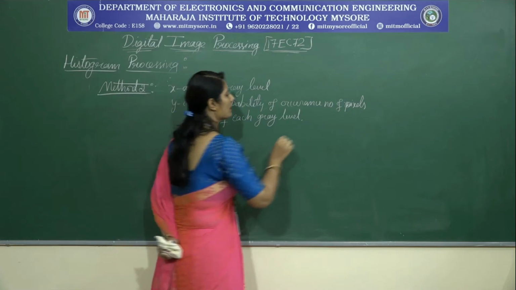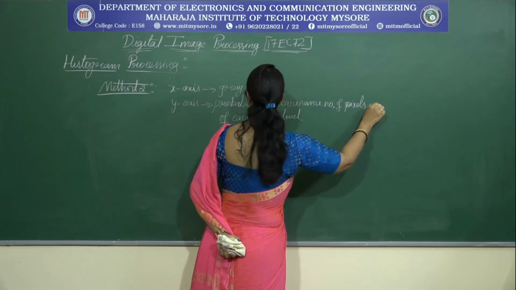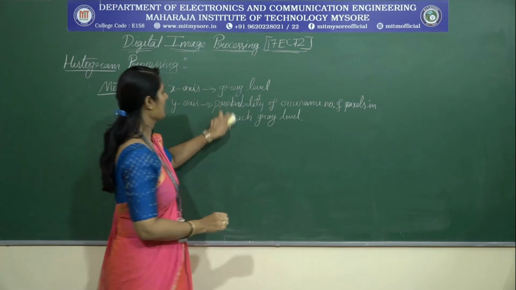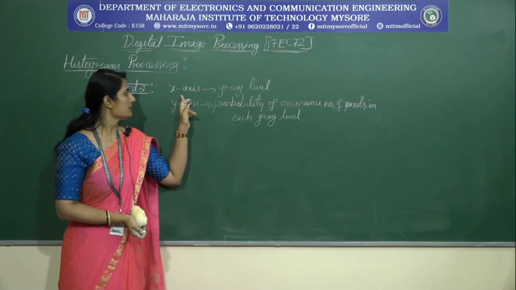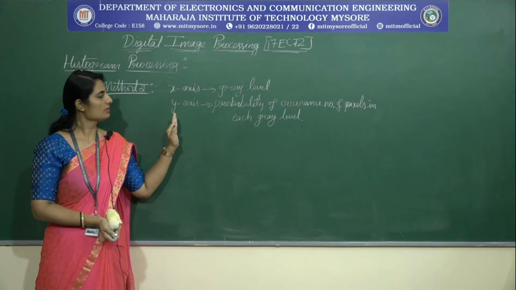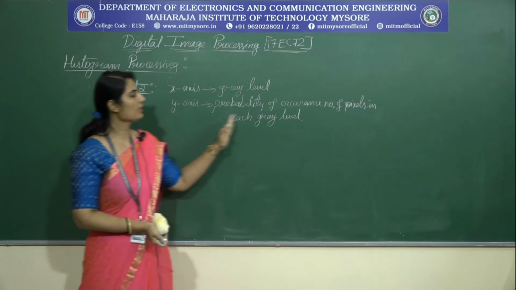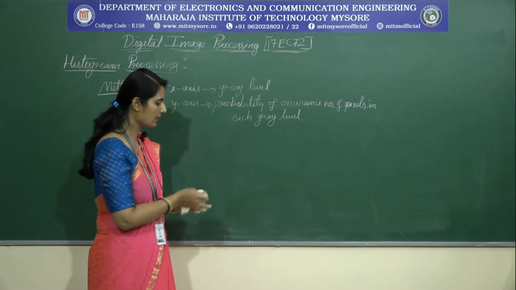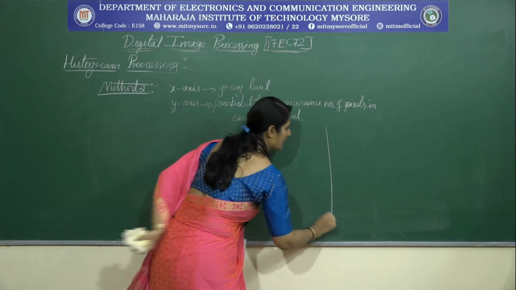The probability of occurrence of the number of pixels in each gray level. So this is the second method. This is a plot of the probability of occurrence of the number of pixels in each gray level versus the gray level.